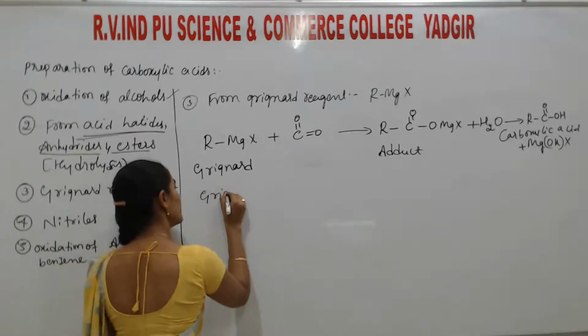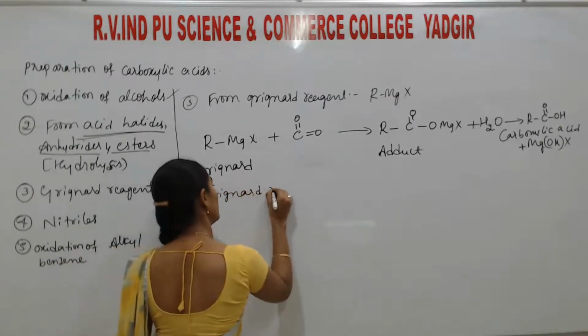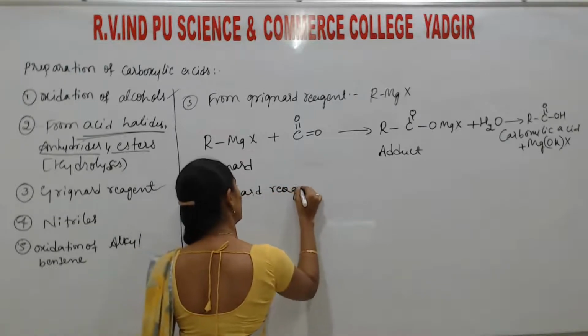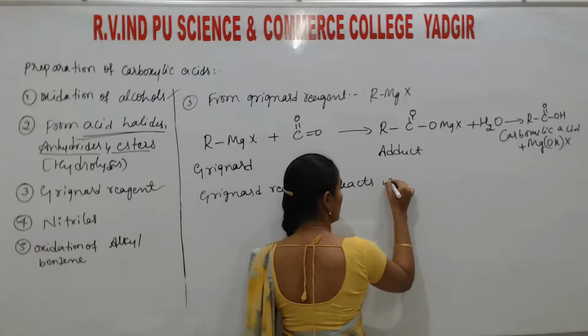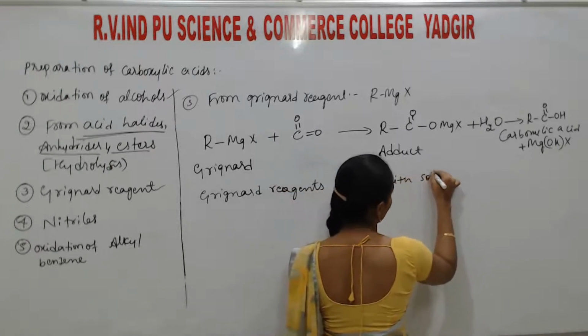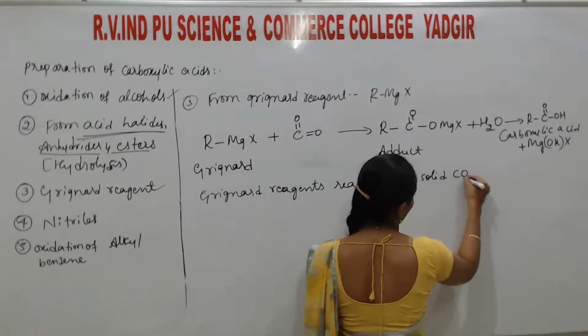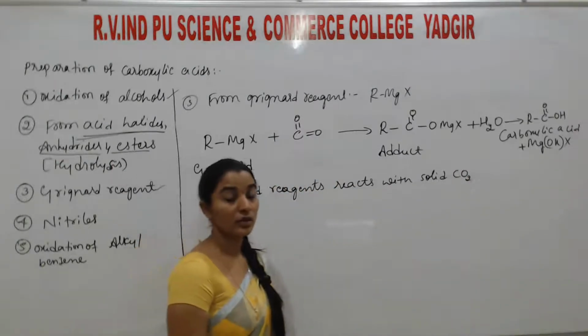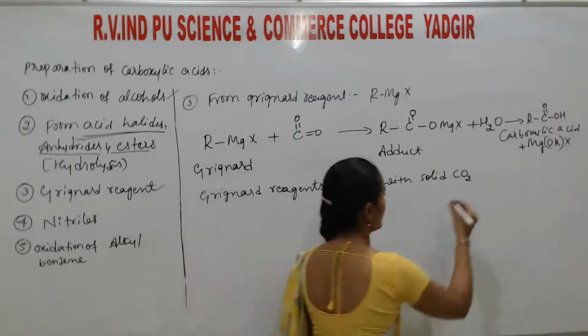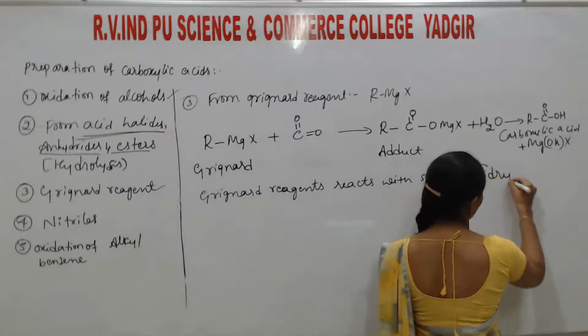Next, how can you write it? Grignard reagents react with solid CO2, which means dry ice.